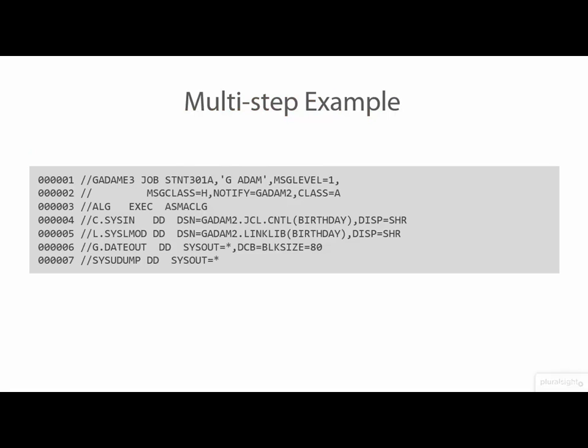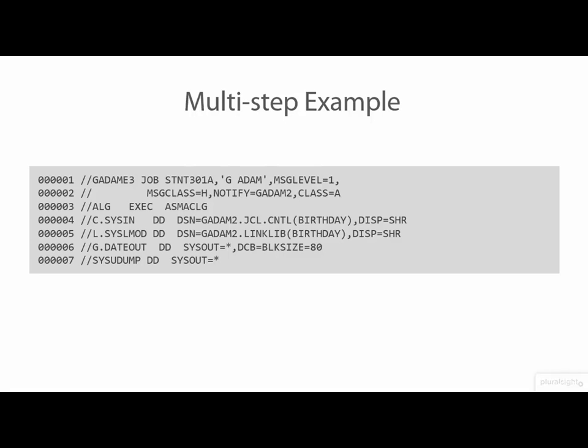Again, looking at the JCL example that we had just seen earlier in this last module, we're looking at the assembly proc, and in this case the overrides as we'd indicated for step C, for step L, and for step G. The idea here is that we have a three-step proc where we have the assembly, we have the link, and then we have the execution step, or the go step as it's called, in order to perform these actions.